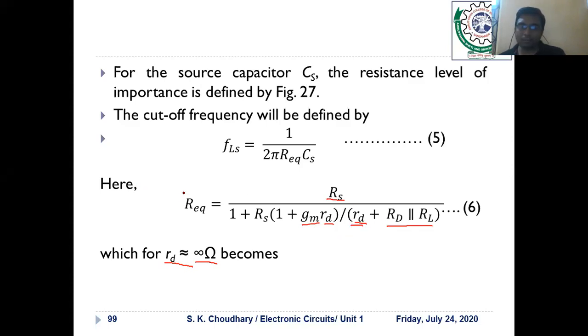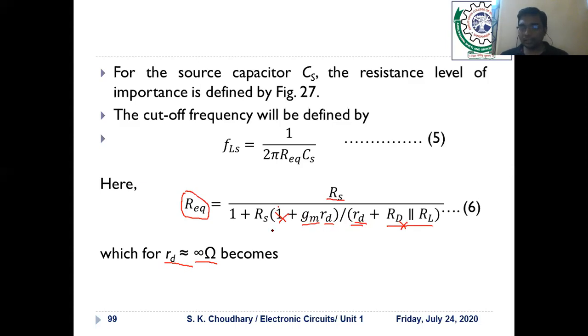This equation of R equivalent is simplified. How is it simplified? When RD is very large as compared to RD parallel RL, that is negligible as compared to RD. Again, 1 is negligible as compared to GM-RD.